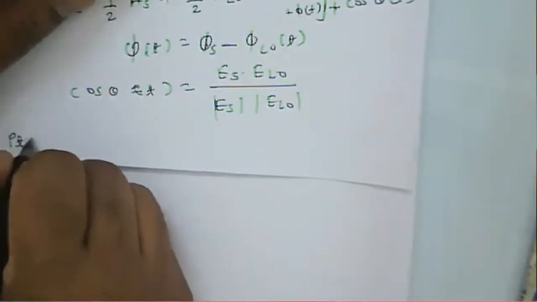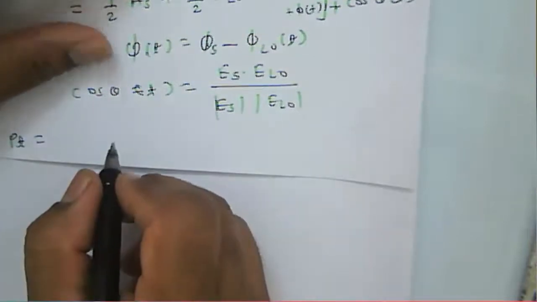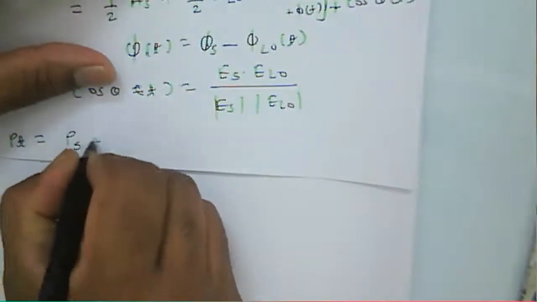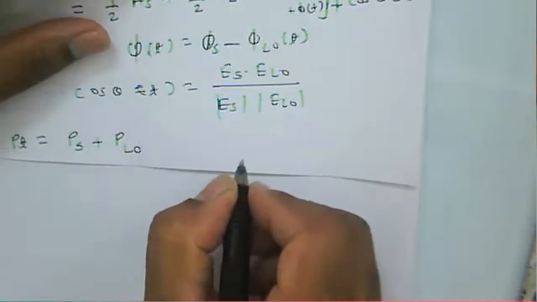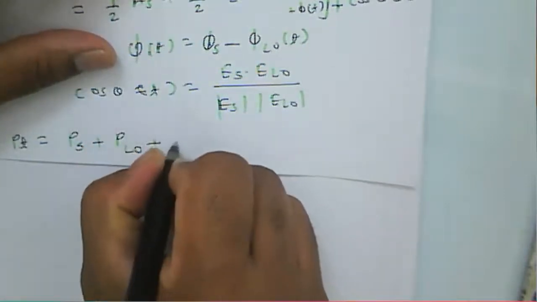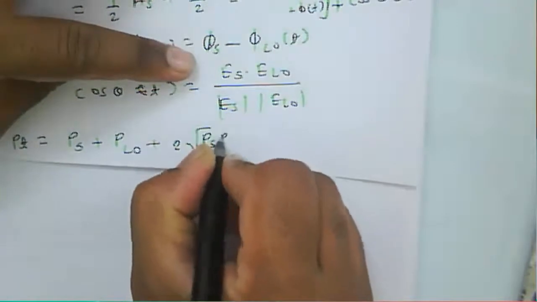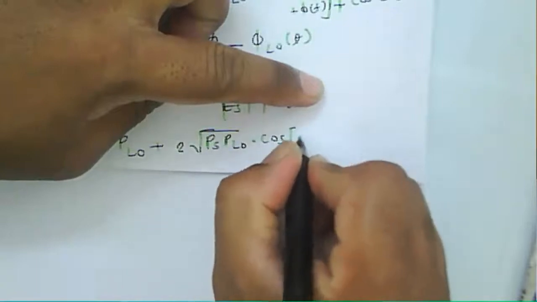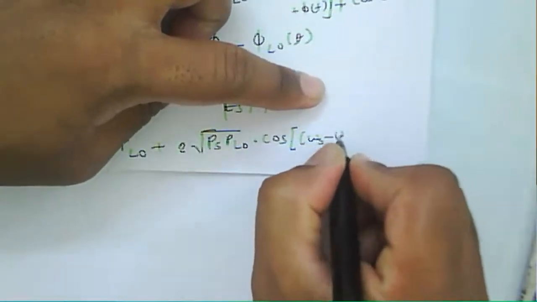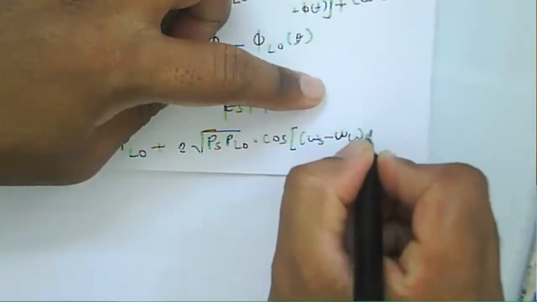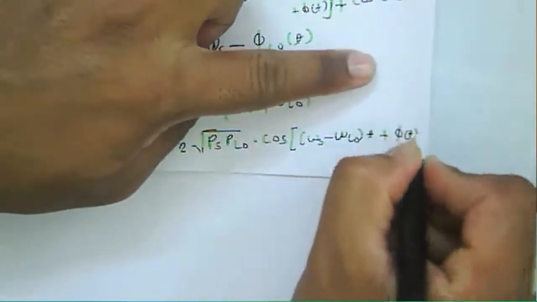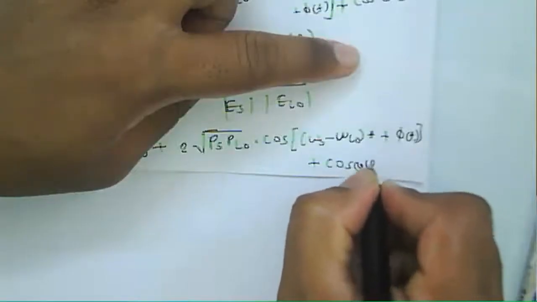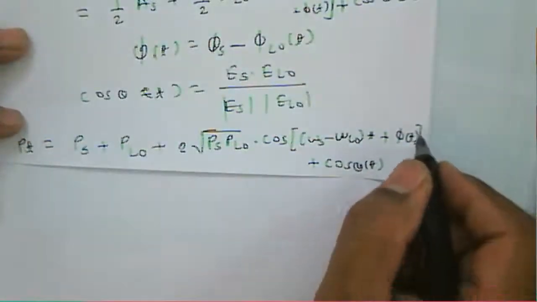Similarly, we can find out the optical power at the detector we are receiving. That is proportional to the signal power and the local oscillator power, plus twice the square root of P_S P_L into cos of (omega S minus omega LO) t plus phi of t, into cos of theta t.